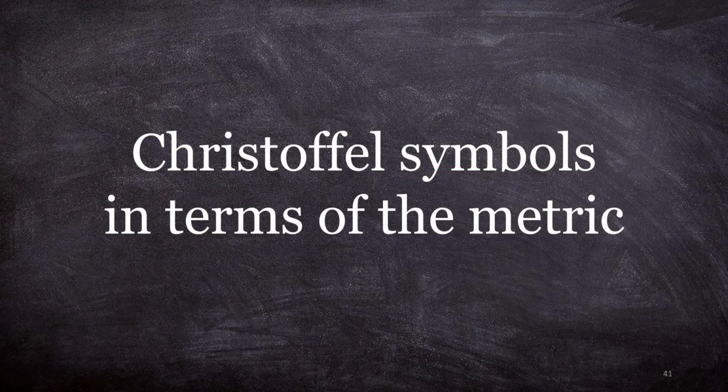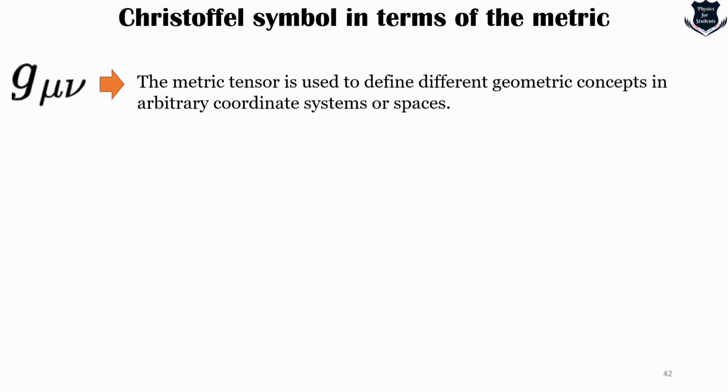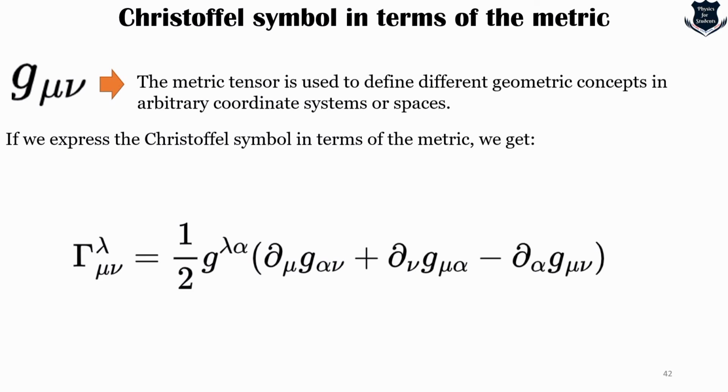Now if these Christoffel symbols, which are corrections to the derivative, are written in metric form, how would it look? Let us have a quick look. We know that g mu nu is the metric tensor, which defines geometric concepts in an arbitrary coordinate system.